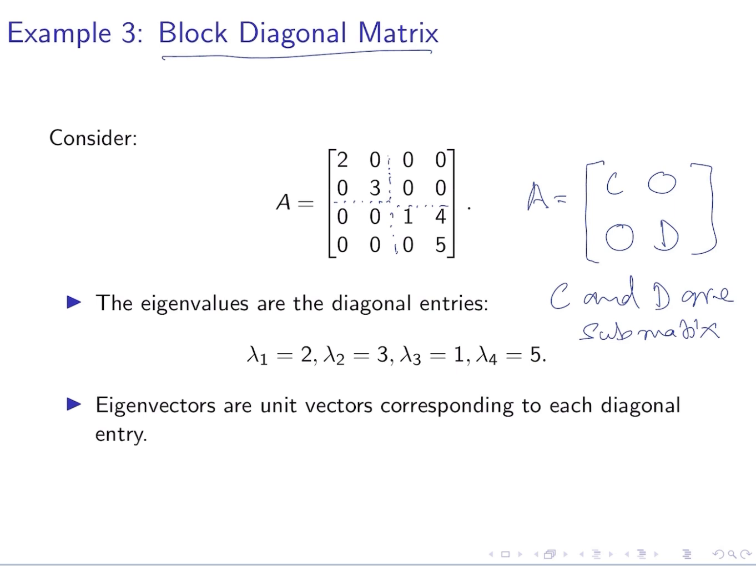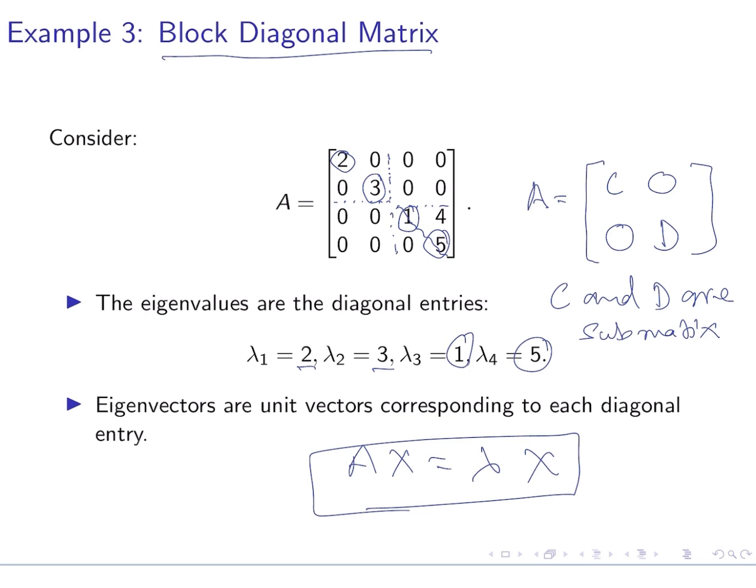Then if you see the block element here, this is purely a diagonal matrix. So the roots are 2 and 3. And this is an upper triangular matrix, right? So the roots are these. So directly you can find the eigenvalues by looking at the matrix, without solving Ax equal to lambda x, if it has some special type like block matrix, diagonal, upper triangular, lower triangular, and so on.